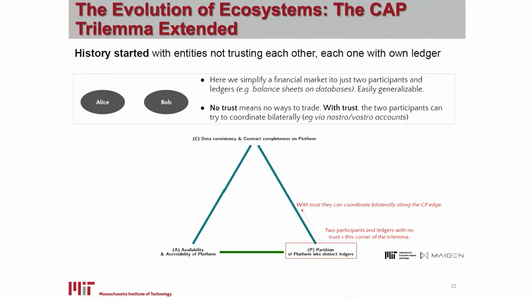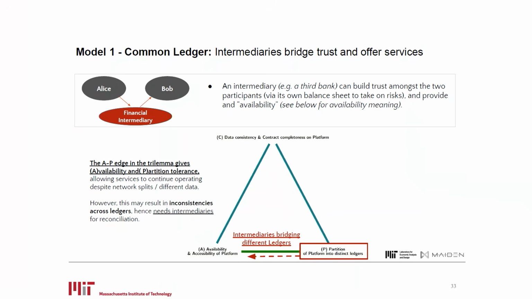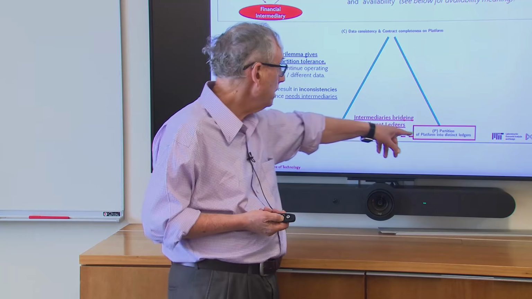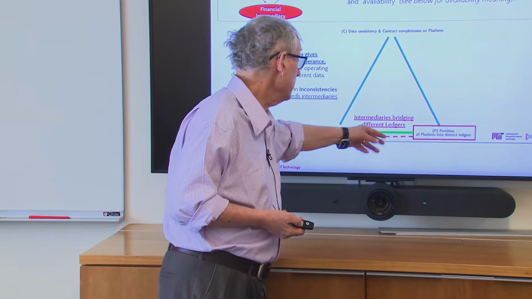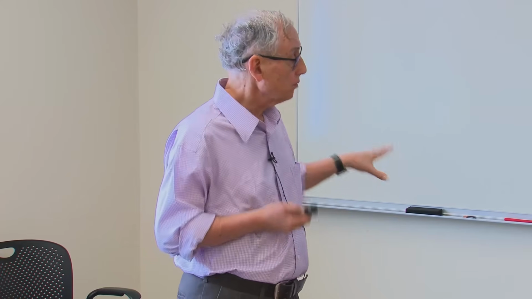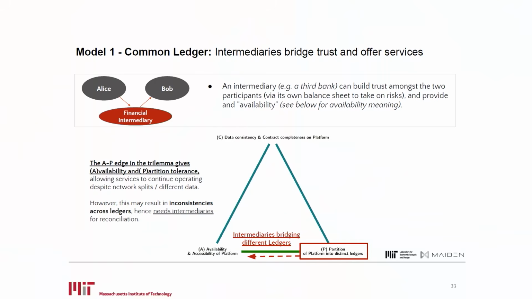Now, that's awkward, and so you begin to see in economic history the creation of intermediaries. So the intermediary has a representation of the accounts, at least for some transactions, of the individual participants. So there could still be inconsistency and partition tolerance in the sense of multiple accounts, but if third parties are dealing with the intermediary, they're getting a consistent answer.